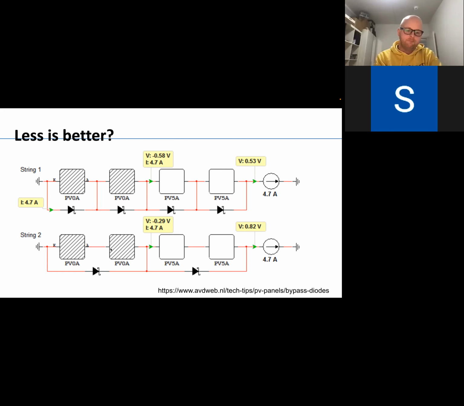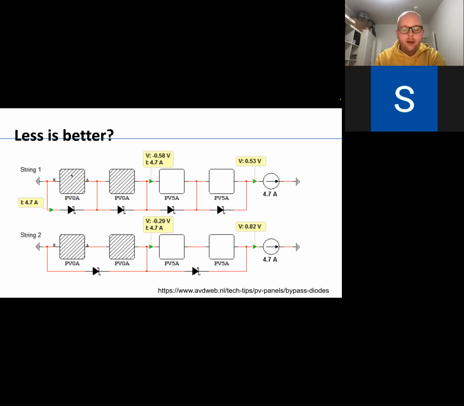Let me repeat. When a diode goes into conduction, rather than having plus 0.6 volt of a solar cell, you get minus 0.6 volts for the diode drop. So actually, you get some loss from the diode, which is not ideal.